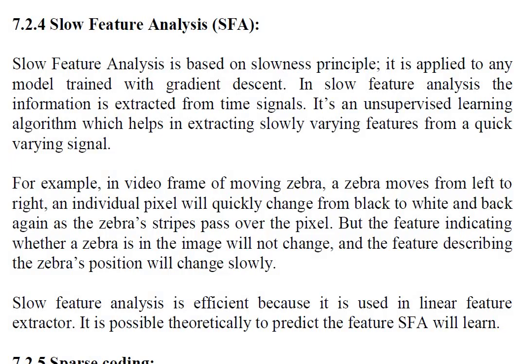So that is the basic concept of slow feature analysis. This particular analysis is quite efficient because it is used in a linear feature extractor, and it is possible to theoretically predict the features SFA will learn. So we can predict what kind of features we want SFA to work with.